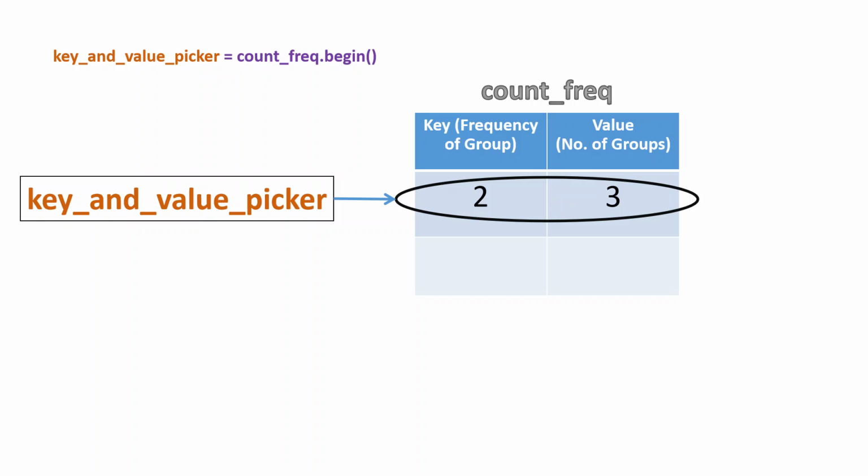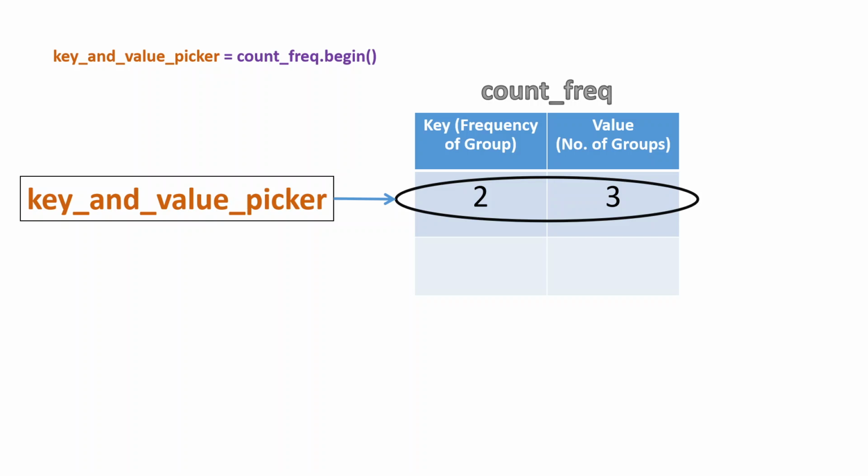In fact, irrespective of how many elements are present, dot begin points to the first element of the hash map. So I'm using a C++ implementation. Now, to access the key and value pairs, we have to use the property of pointers.